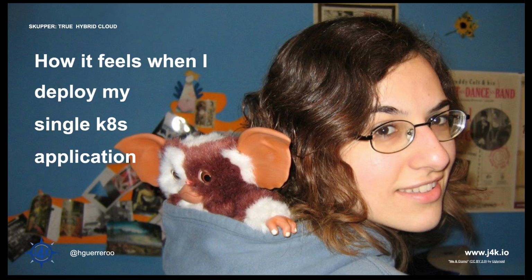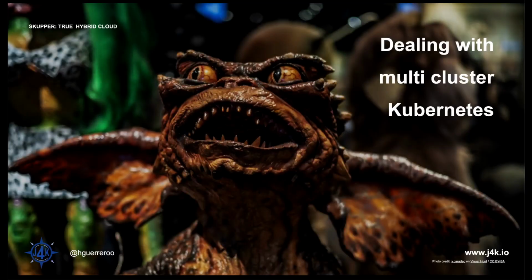So when we do actually need to face those problems, it becomes like this, right? When we're dealing with multi-cluster Kubernetes, that cutie fellow that we were hanging around with suddenly transforms.